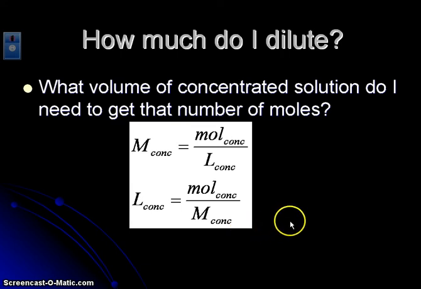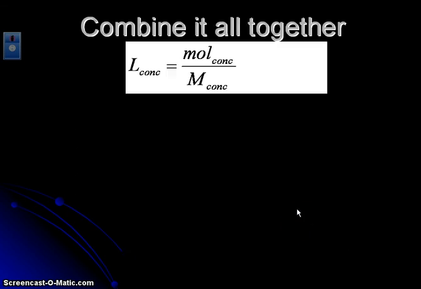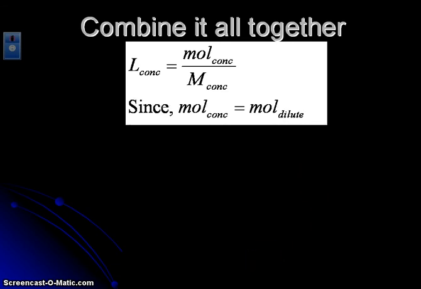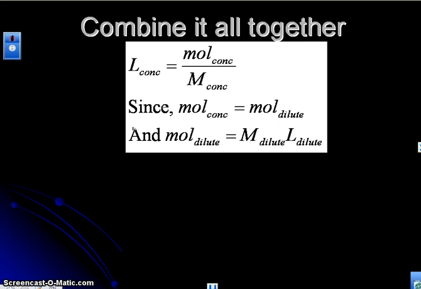And it'll end up being very simple. We know from the last slide that our liters of concentrated solution equal the moles of the concentrated solution divided by the molarity of the concentrated solution. And since the moles of the concentrated solution are equal to the moles of the dilute solution, from the slide before that one, and the moles of the dilute solution are equal to the molarity of the dilute solution times the liters of the dilute solution, we can take that.